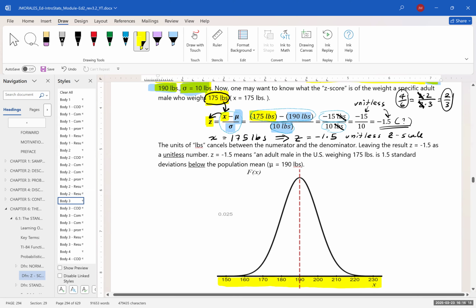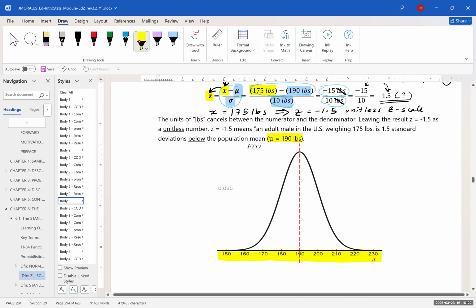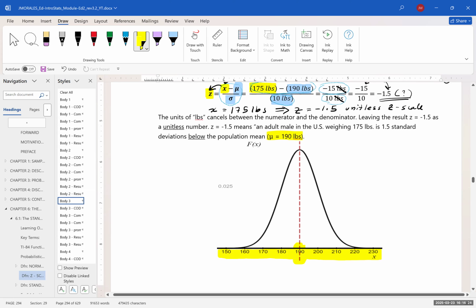And the mean is 190 pounds. So you can see here at 190, this is where the center of our normal distribution is. This is the line of symmetry. And because we're dealing with a normal distribution, it has this symmetric bell-shaped curve quality to it.